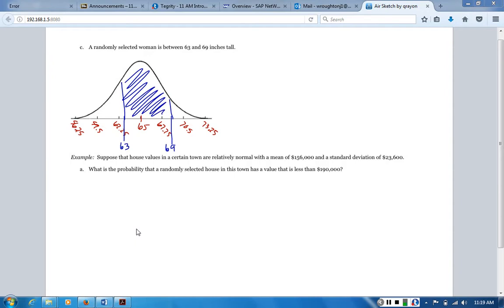Alright, now our next step has been to find z. But this time I have 2 z's I need to worry about finding. So I have a 69 for a y and I have a 63 for a y. So let's do it for the 69 first. So y will be 69, the mean was 65, my standard deviation was 2.75, so that's going to give me a z of 1.45.